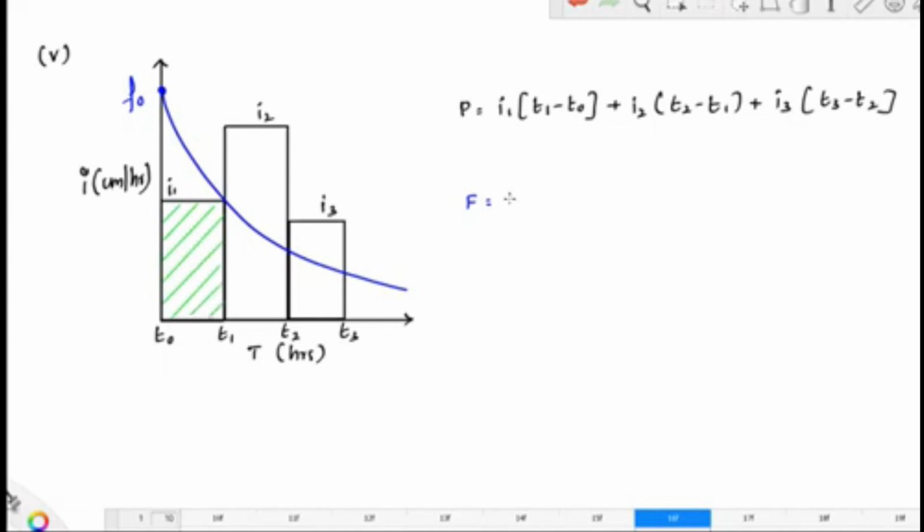So what you have to write here? I1 into (T1 minus T0) plus, next you should find out this shaded area.